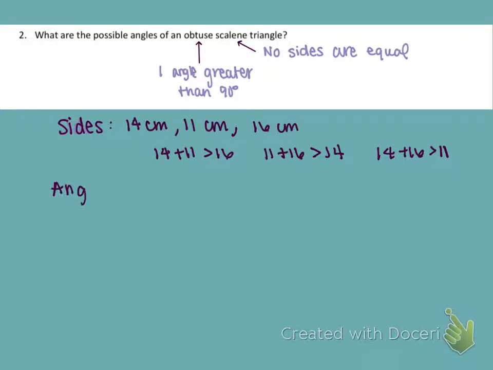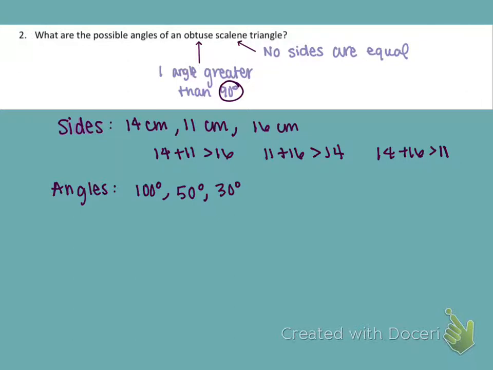And then the angles add up to be 180 degrees. So if I need one angle greater than 90 to make my life easier, I would do 100 degrees, and then 180 minus 100 is 80 left over. So then two angles that add up to 80 would be something like 50 degrees and 30 degrees.